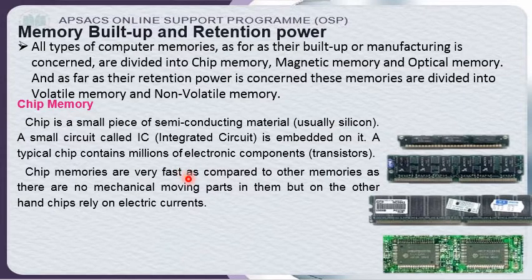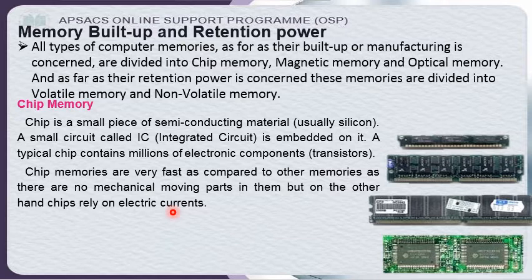Chip memories are fast compared to other memory because there is no mechanical or moving part. But on the other hand, it needs electric current, means electricity or power, every time you are using that memory.